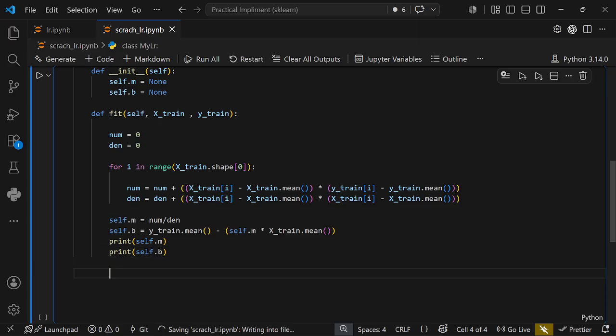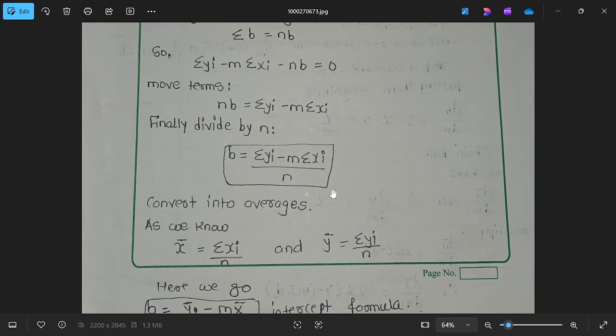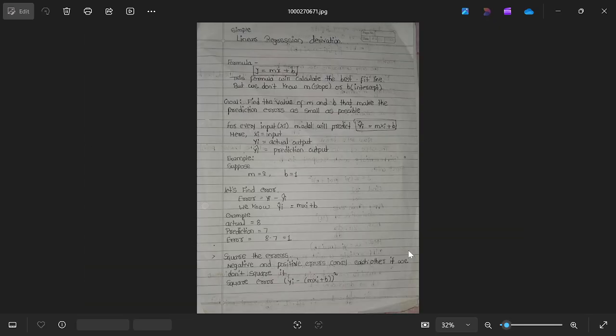Now let's create the predict function over here, where we have to take self comma X test. So what is the prediction formula here?